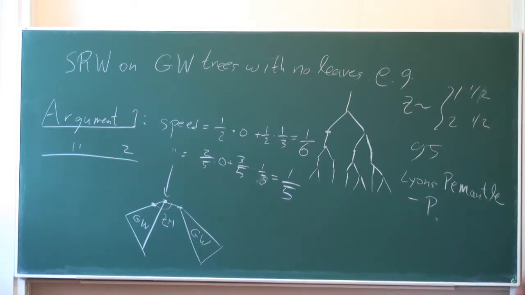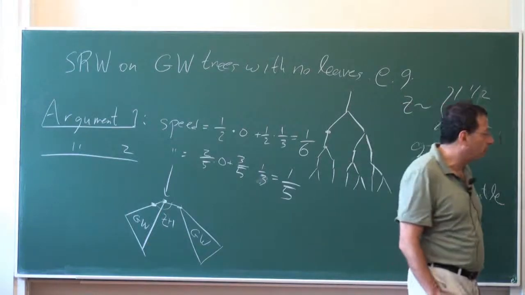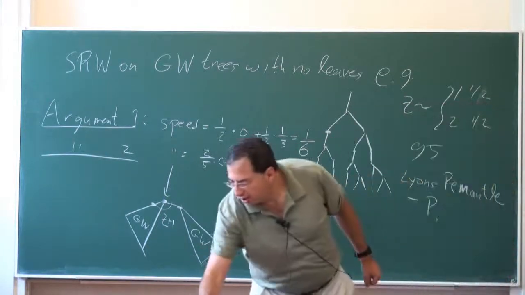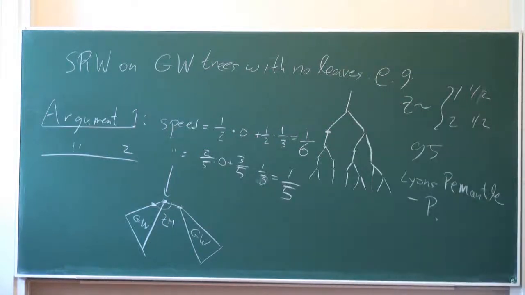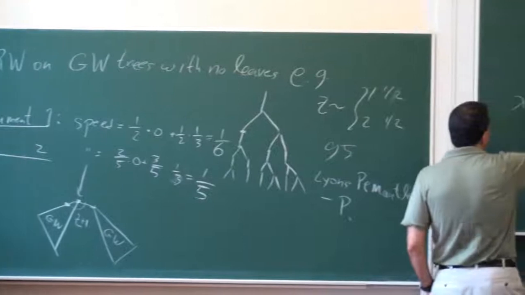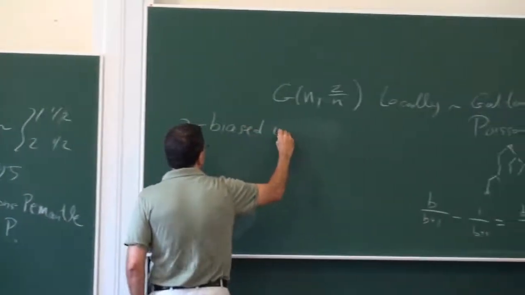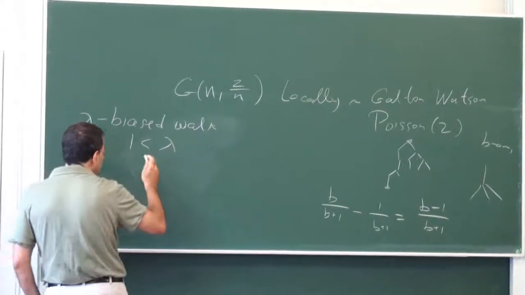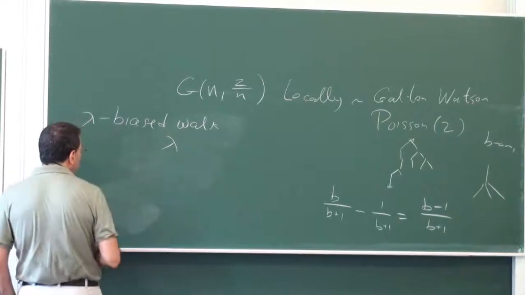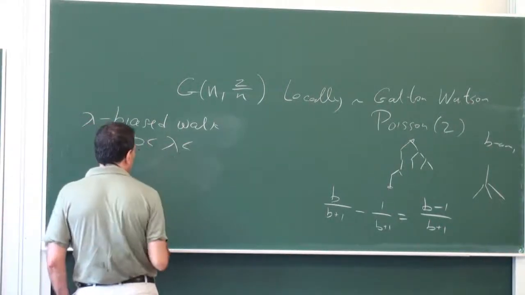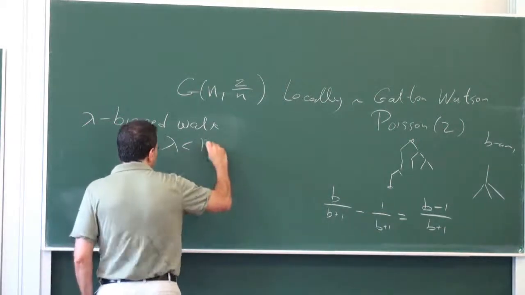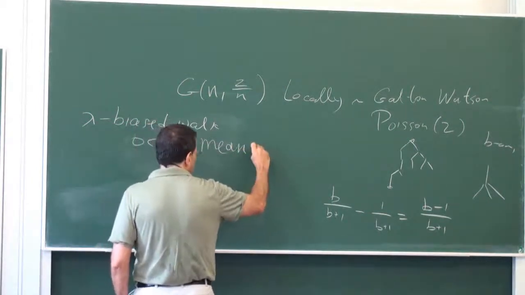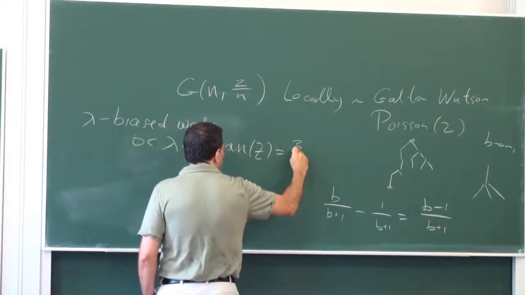Let's look at a slightly different process where we bias the walk. So this is the lambda-biased walk. We have a parameter lambda, which should be positive, and we'll take it to be less than the mean number of offspring, which in our case is 3/2.